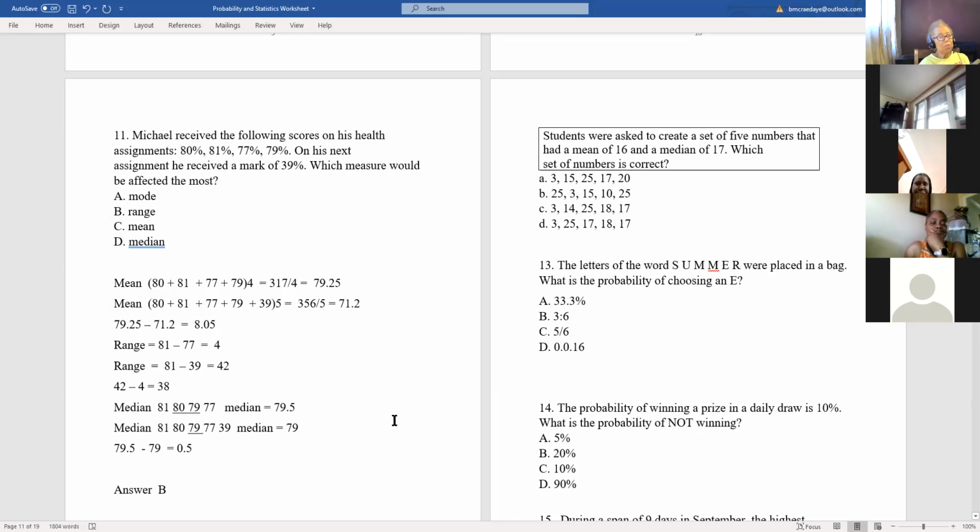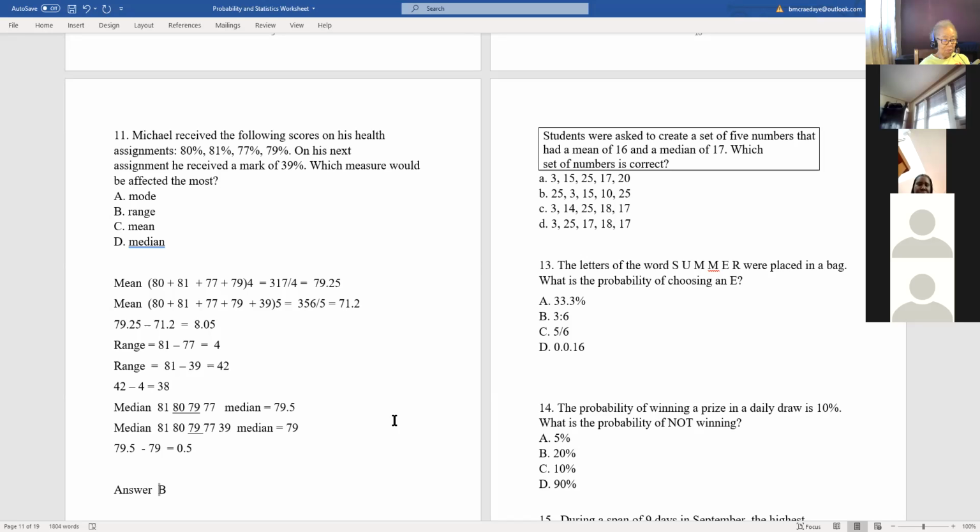With this one, you didn't really have to go through all of this, because you could see range was bigger. With that 39 against the 81, nothing is going to be bigger than that 42. The mean is not going to be bigger.